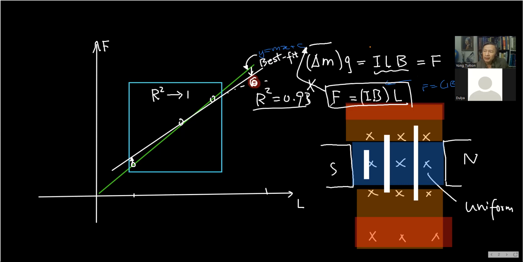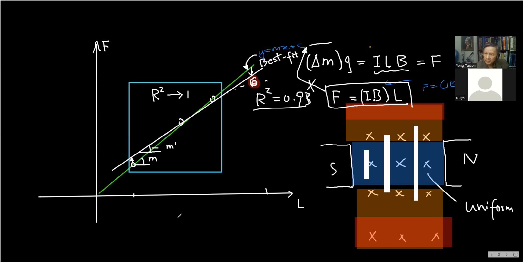So what you really have to say in this case: this is M, the best M, and there's another one, the lower one, which is M prime. It's different.